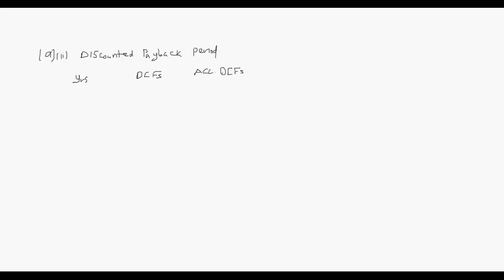So the first year will be, of course, year 0. Then 2021, 2022, 2023, 2024, 2025.